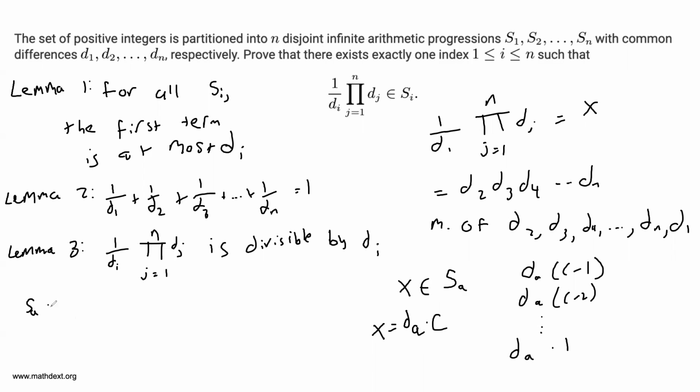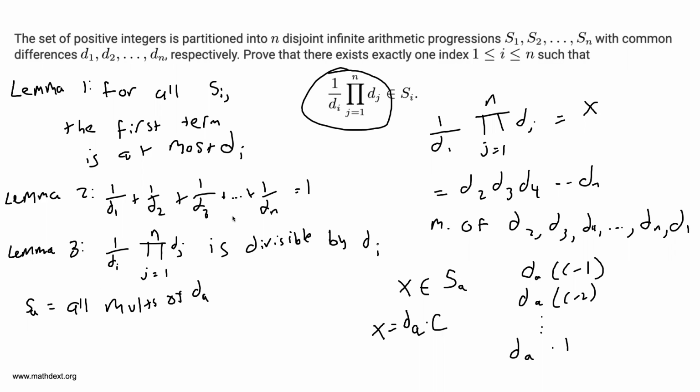So you can write SA is all multiples of dA. However, we proved that for any i, this thing is a multiple of dA. First of all, by lemma 3, when i is equal to A, you have that 1 over dA times the product is divisible by dA.